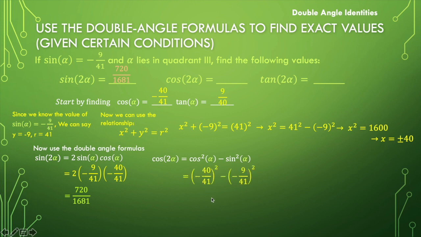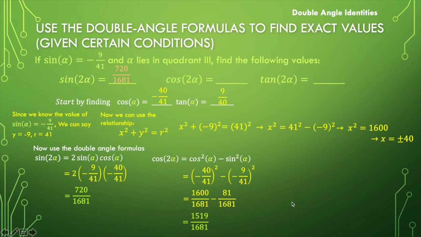Now when we square both of these things, of course they become positive. And so we would end up with positive 1600 over 1681 here, and positive 81 over 1681 here. All right, and so we end up with 1600 minus 81 over 1681, which is 1519 over 1681.